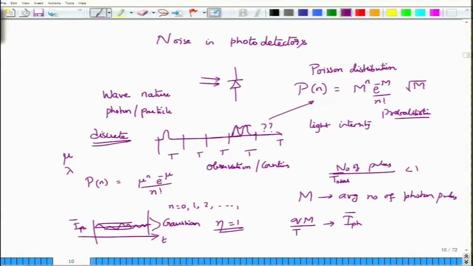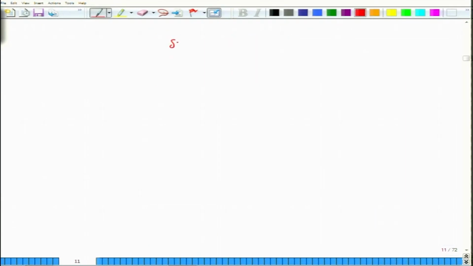So this difference in the current that you would see around the average will be called delta IPH, to show that this is a small magnitude variation around the mean photocurrent IPH. And how much would be the variance of this photocurrent, or the noise current? That variance, which is the mean squared value, is related to qm by t, which turns out to be IPH.